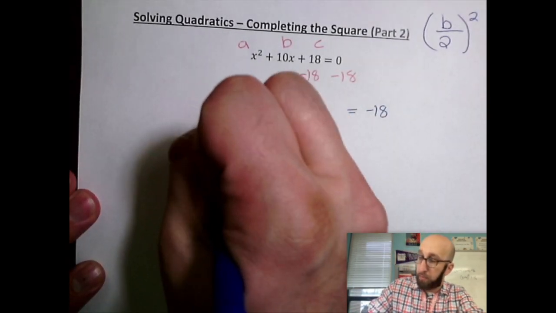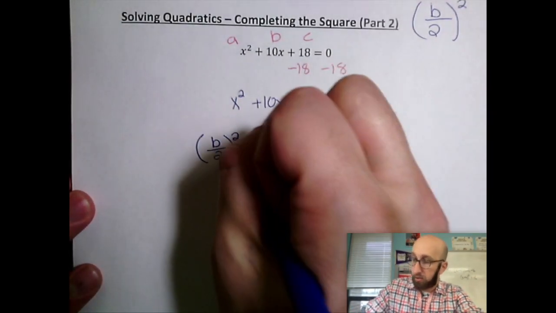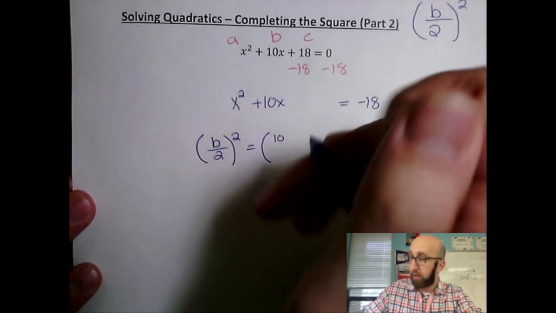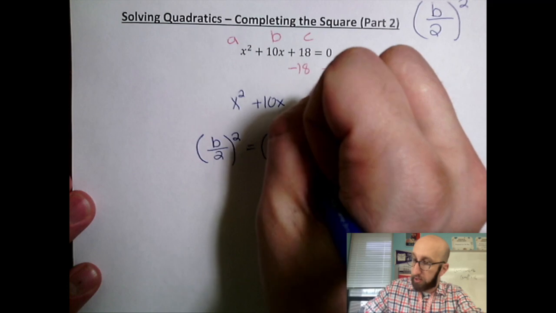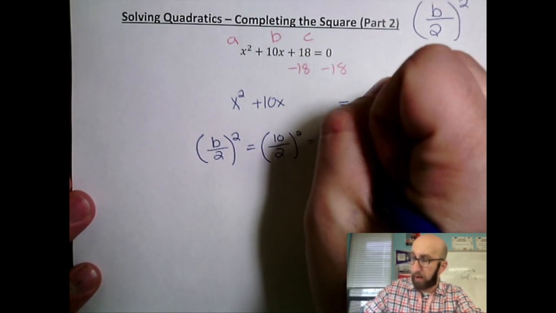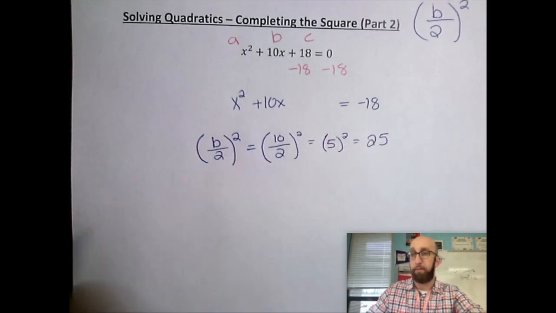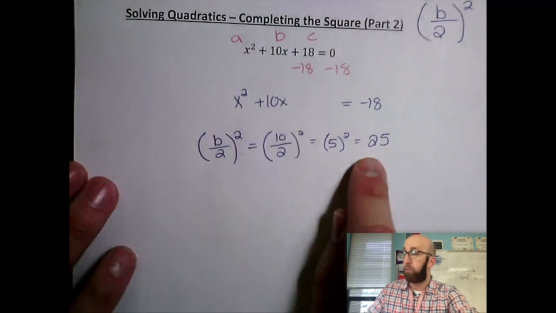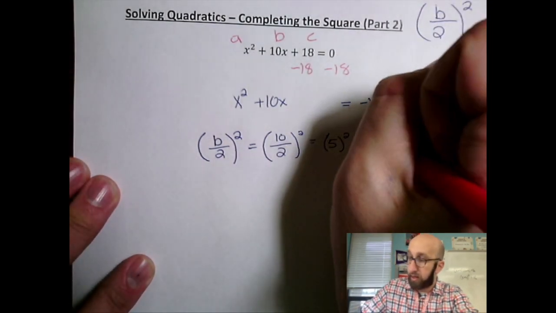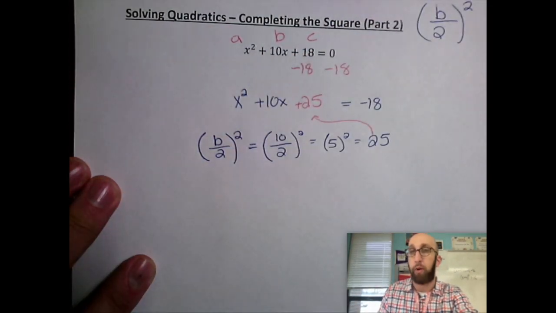So I need to do b divided by 2 and square it. So I'm going to take that b, which in our case is 10. Take 10 divided by 2, and then we're going to square it. 10 divided by 2 being 5. 5 squared is 25. Okay, so let's take this 25 and add it to the left side of this equation.